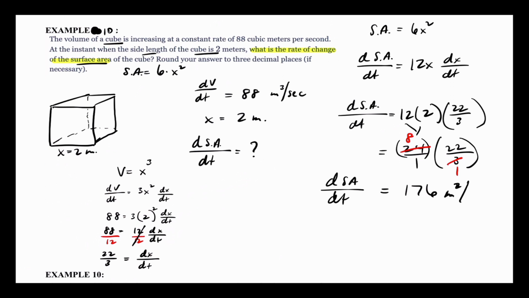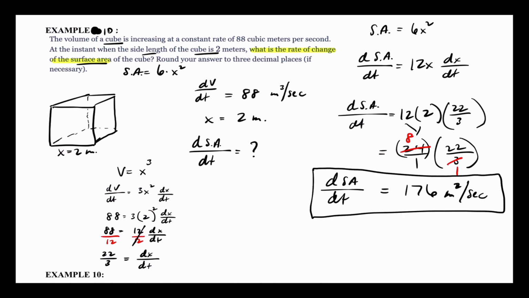So, meters squared over seconds. I've seen them do that on questions like this, on FRQs and on multiple choice. They'll say 88 cubic centimeters, and the side length's in meters. So before you do any kind of calculus, you have to convert them.